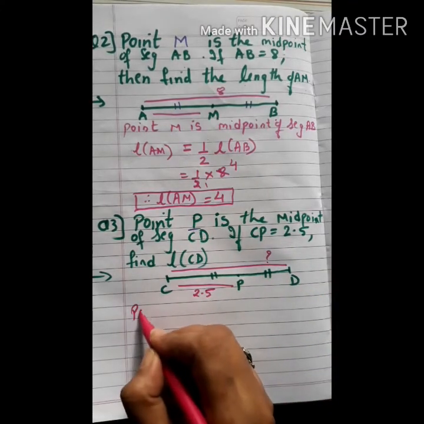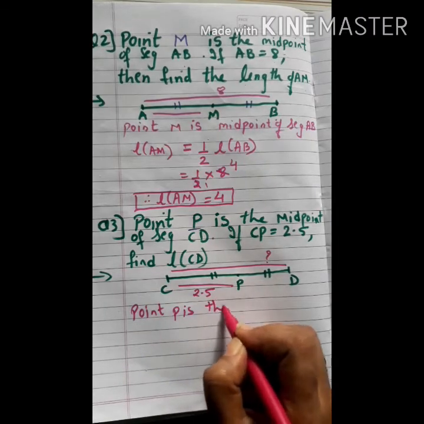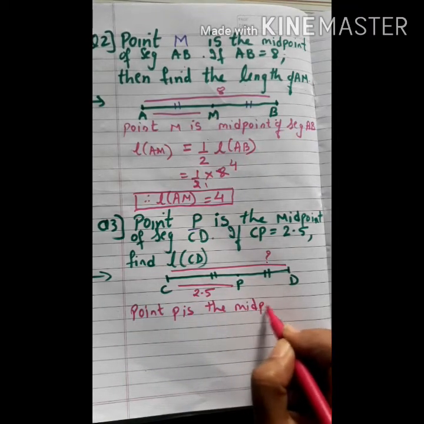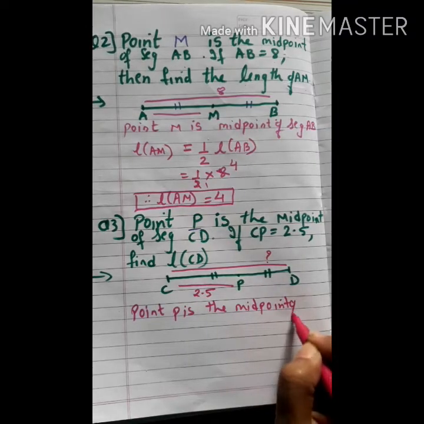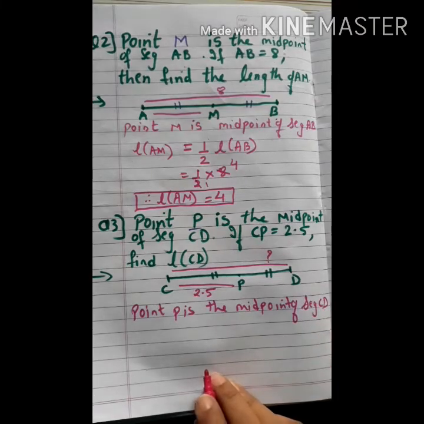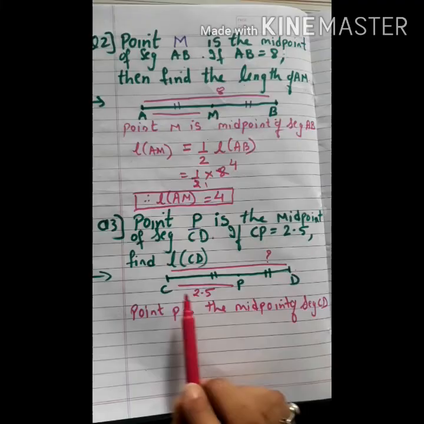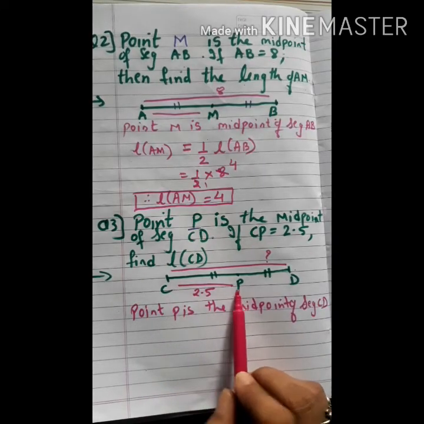We have the information that point P is the midpoint of segment CD. So length of CD is double the length of CP.